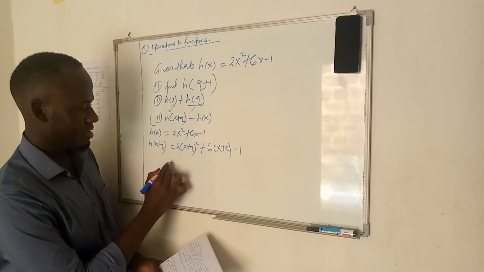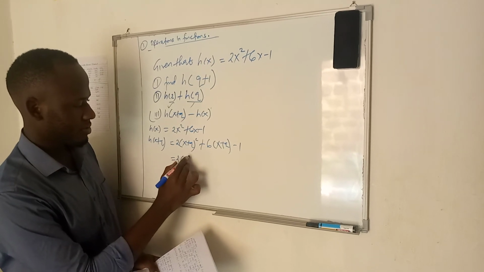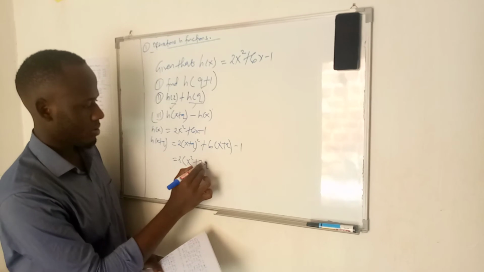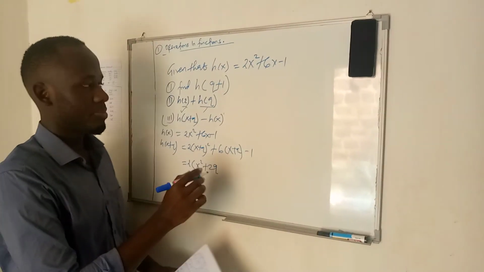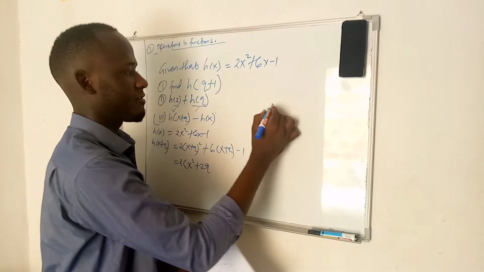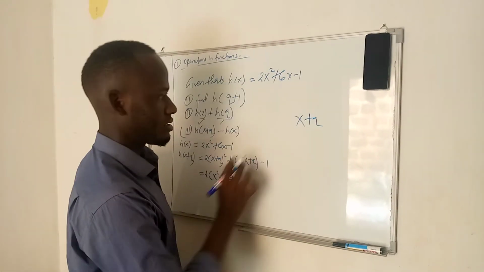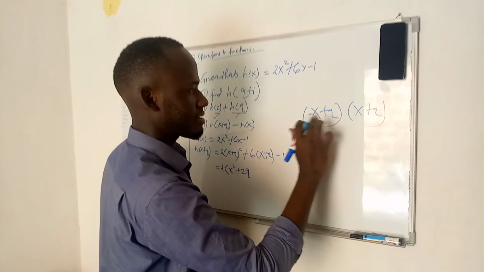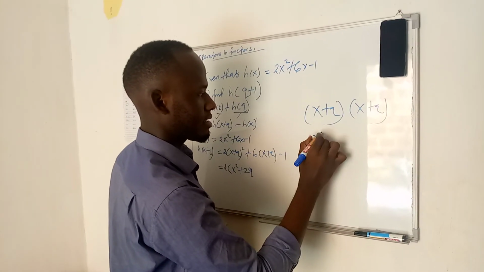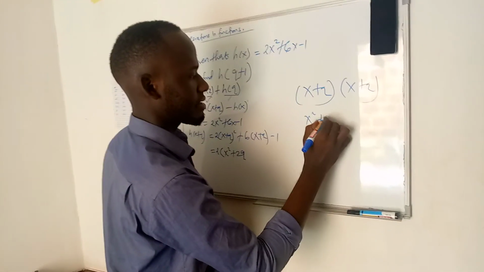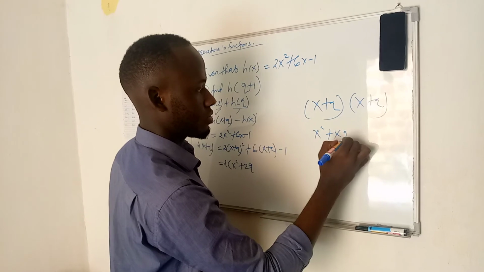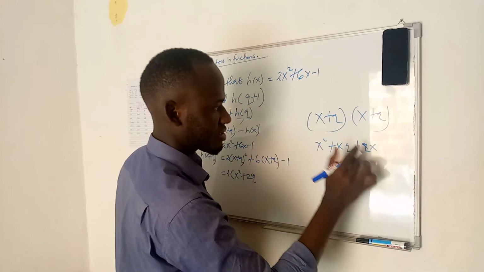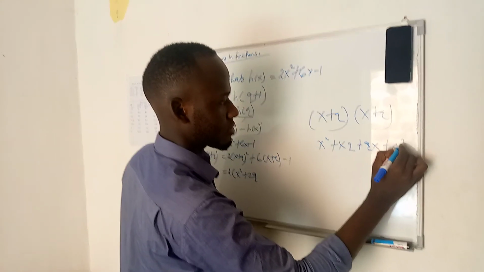You expand this. If you have x plus q squared, you have to be careful, most of you get it wrong. So x times x is x squared, x times q is xq, then q times x is the same as xq, plus q squared.